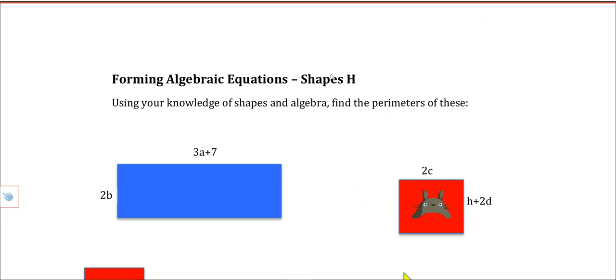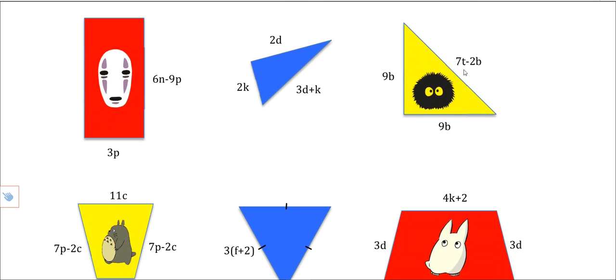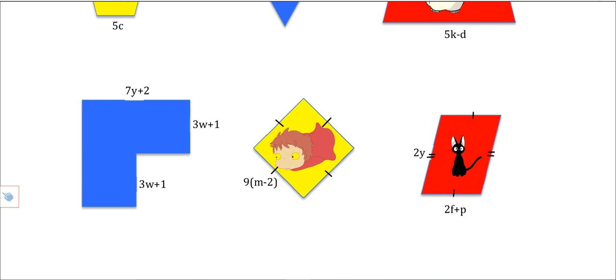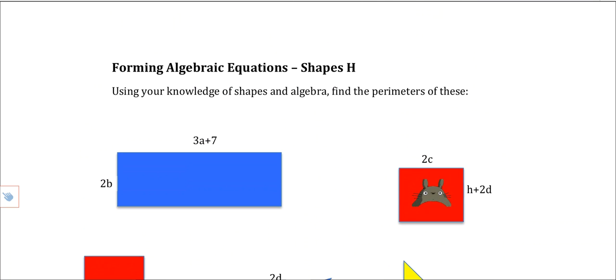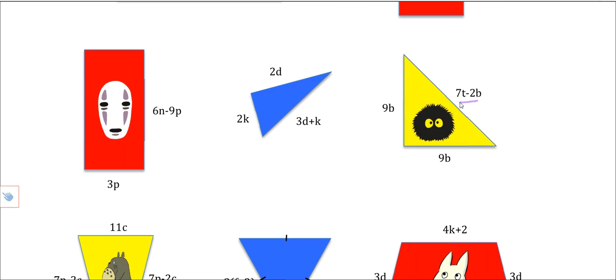So it's the same shapes, but you'll see things like this. So what I'll get you to do first is work out just the perimeters of all of them, because that's just adding the sides again. But it makes it slightly more difficult with things like that, for instance.